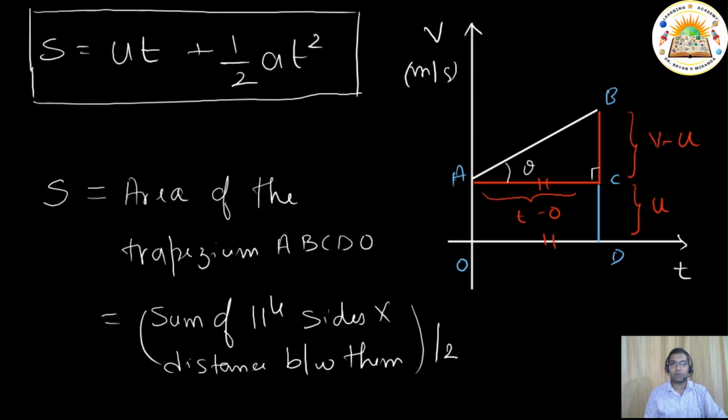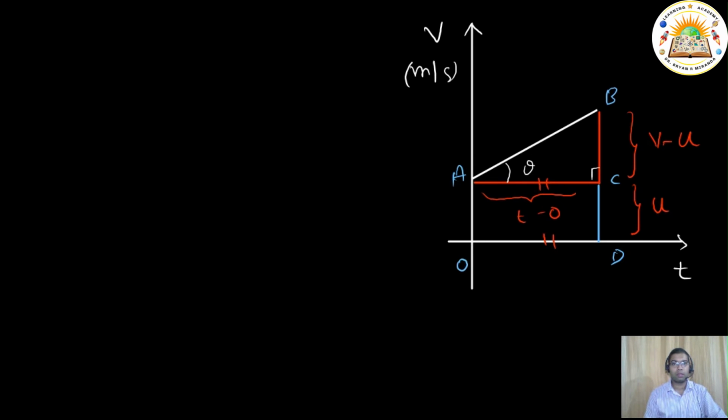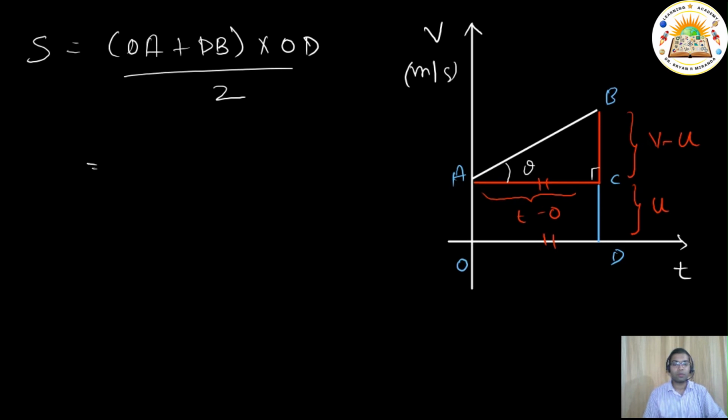So if we apply this formula, S is nothing but (OA plus DB) into OD by 2.